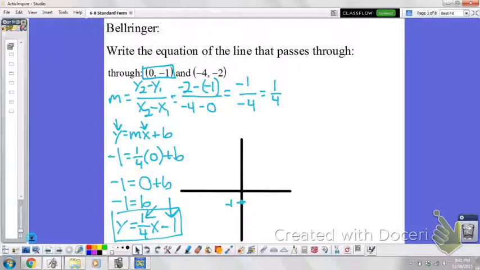So I'm going to rise up 1 and run 4. Give myself a point. Or I could have gone down 1 and to the left 4, so a point here. And then to finish up my graph, all I need to do is draw a line that goes through my points. So here is our line.